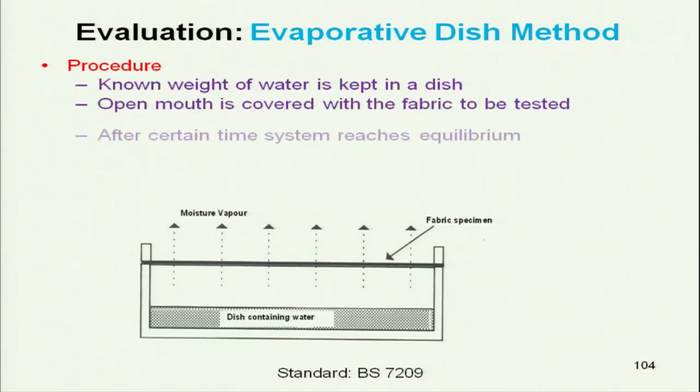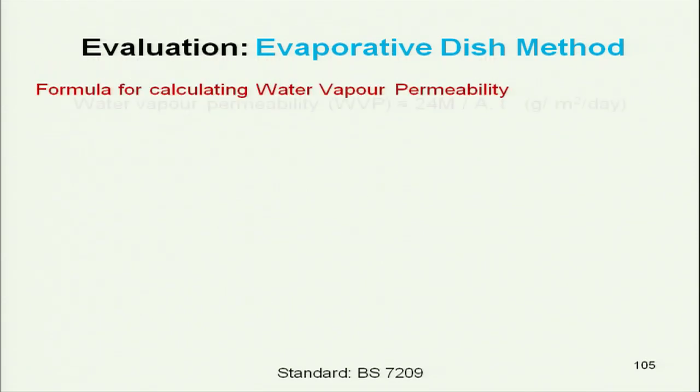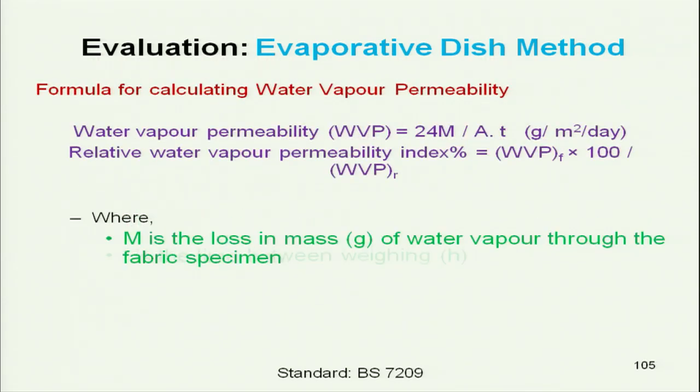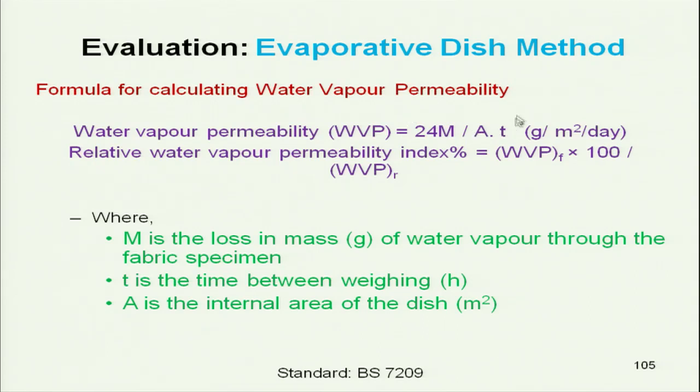The difference in mass indicates the moisture vapor transmitted through the fabric. The water vapor permeability is 24 times m divided by T times A, where m is the mass lost through the fabric, T is the time in hours, multiplied by 24 if we want to measure per day, and A is the area of the specimen.